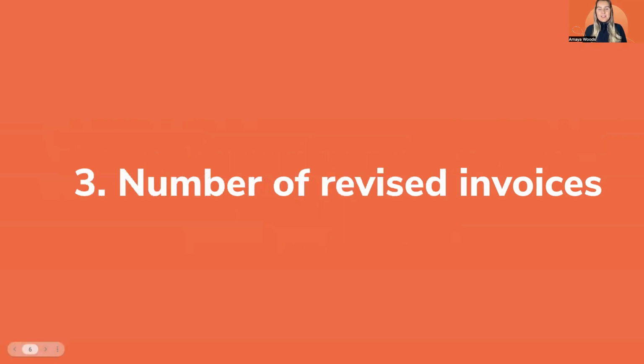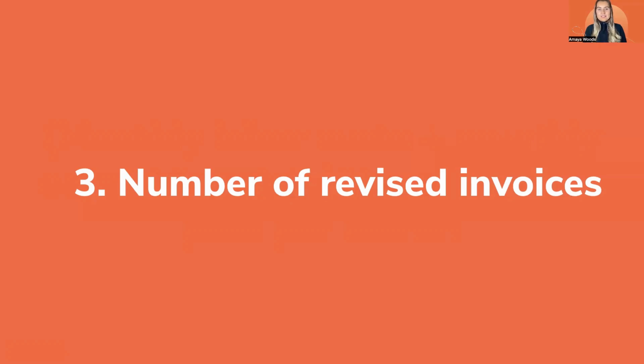In our view, a largely underused accounts receivables KPI is number of revised invoices. There is no fancy calculation for this, it is simply how many invoices your team need to revise in a given period. If you're regularly revising a high number of invoices, this can be an indicator that you're experiencing human errors, for example, missing relevant information, or sending the wrong invoices to the wrong customers.